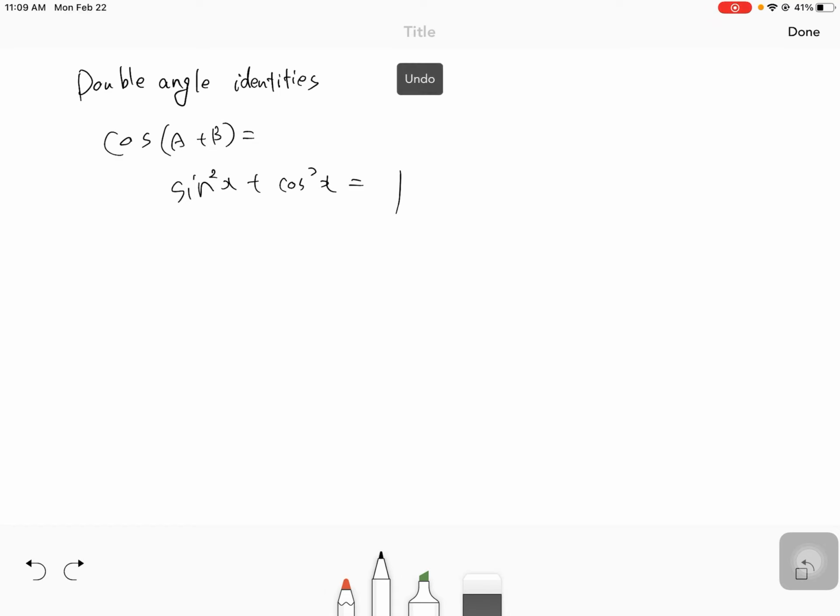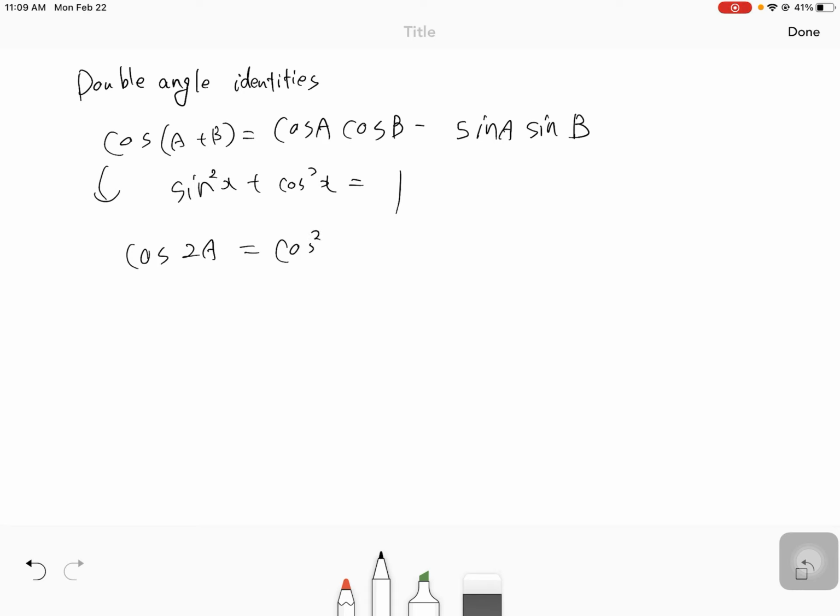If you know sum and difference identities, you can just easily find double angle identities like this. Then if you know this equation, you can just convert this equation into all sine or all cosine.